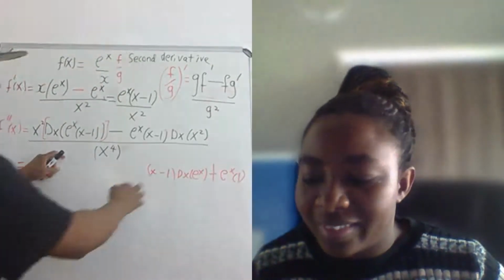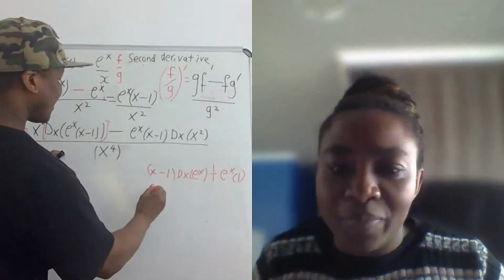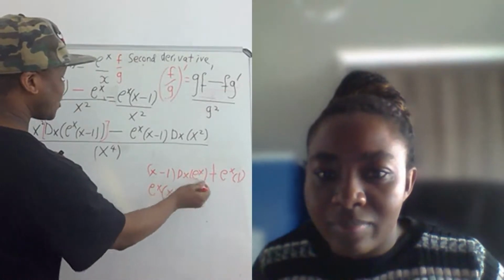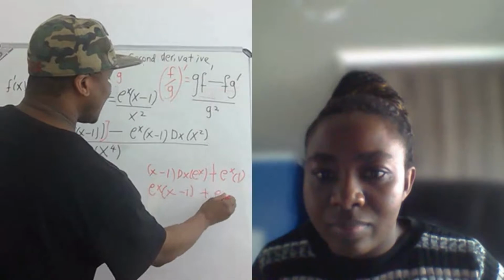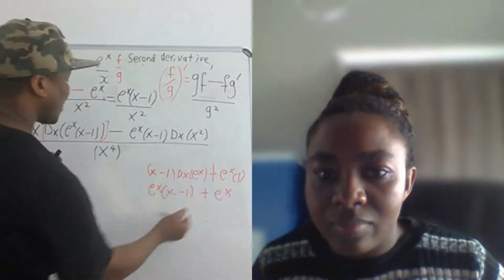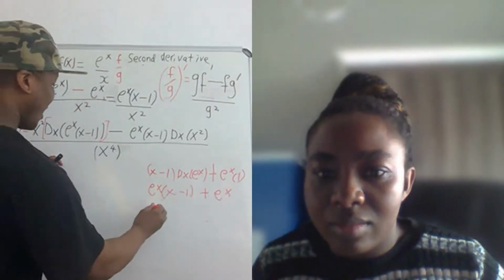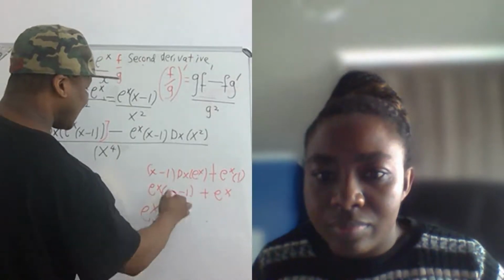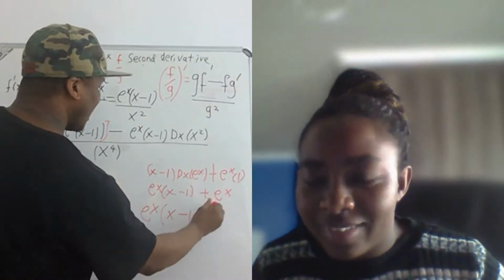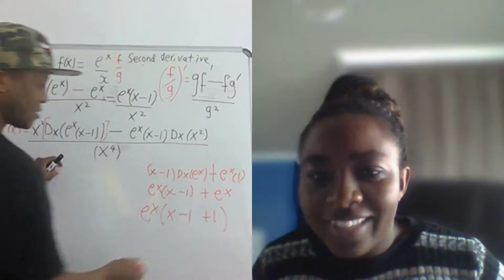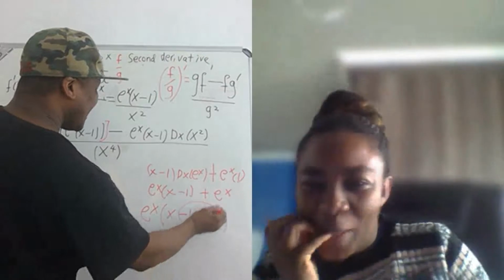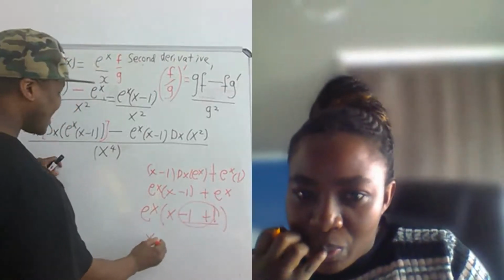Now this is going to be e to the x, x minus 1, because e to the x is just e to the x, so you differentiate x minus 1, plus e to the x. But we can take out e to the x. When you take e to the x out, it's going to be x minus 1 plus 1. Yes, I got it. Minus 1 plus 1 equals 0. So the answer is going to be x e to the x.